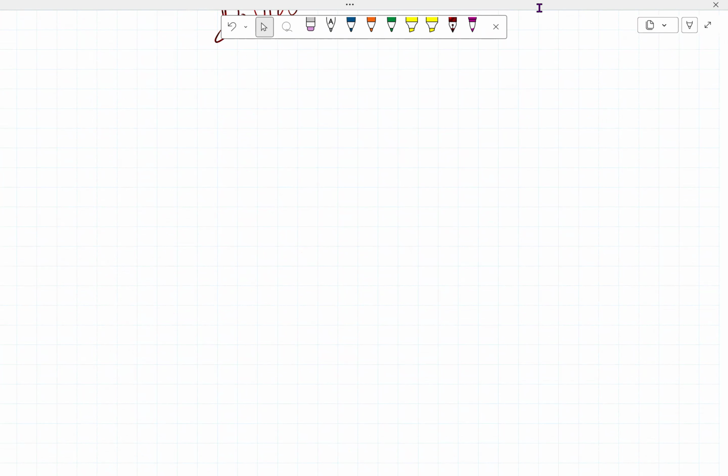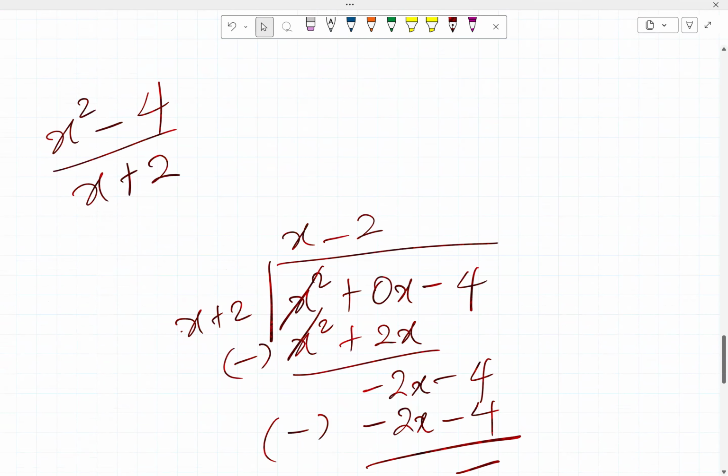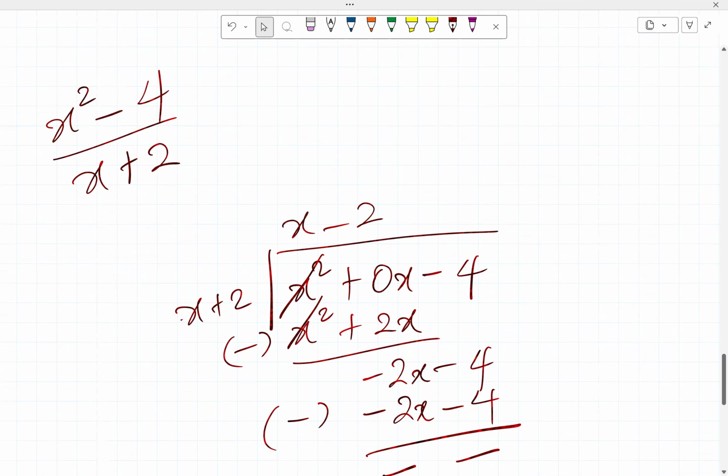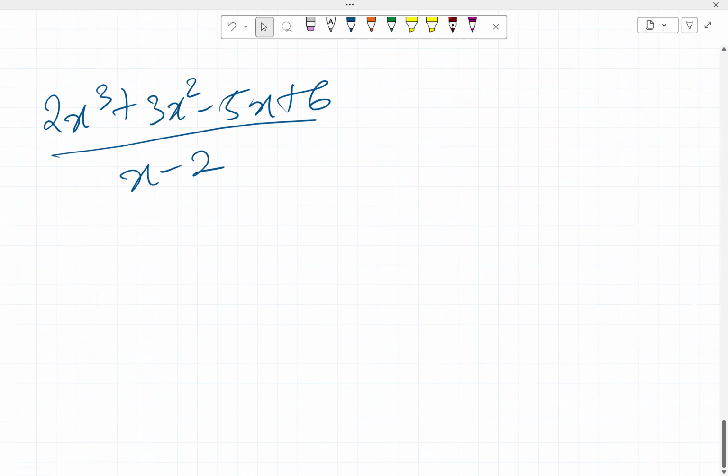We have to use the synthetic method to do 2x cubed plus 3x squared minus 5x plus 6, divided by x minus 2. It is in that form, x minus c, right? If it is not in x minus c form, then we are going to have an issue. I think this last example may not work, except you want to try that out. Maybe I can just do it for this and then you can try, since the general method works for everything, so you don't have to stress.